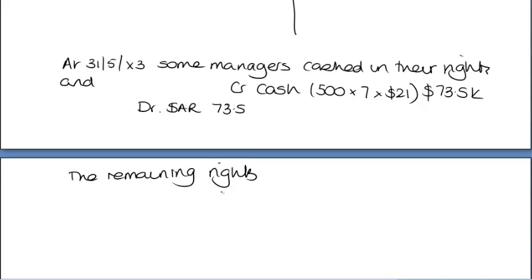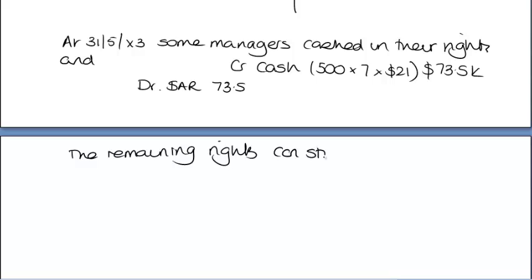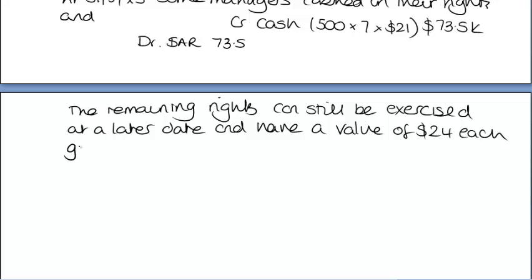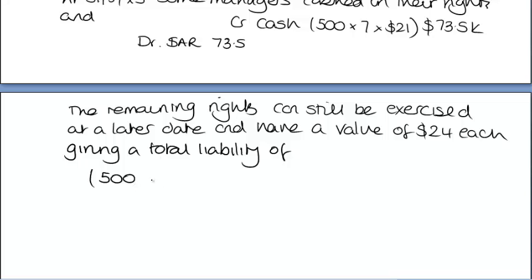The remaining rights can still be exercised at a later date, and if we look at the question, it says they have a value of $24 each, because we think the share price is perhaps going to go up again, giving a total liability of 500 options.